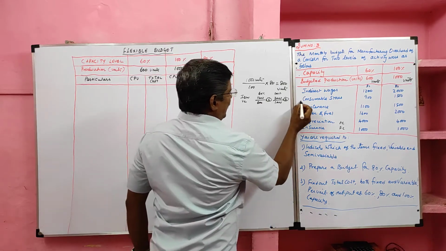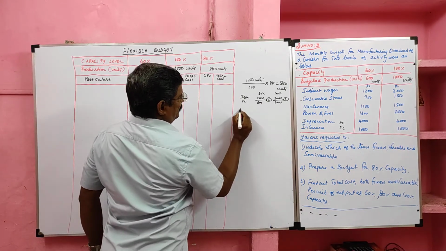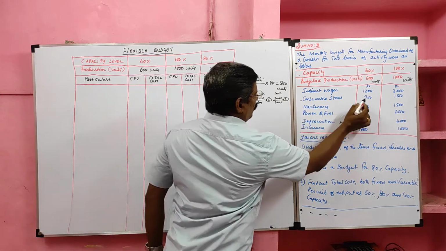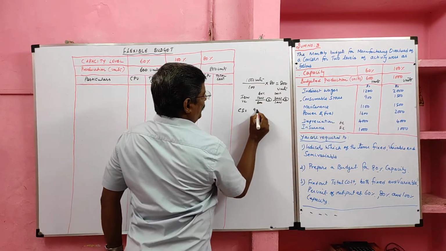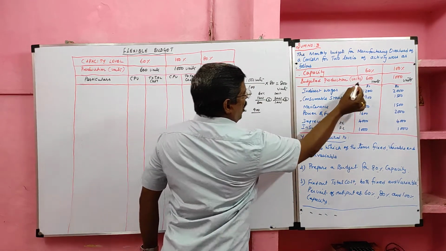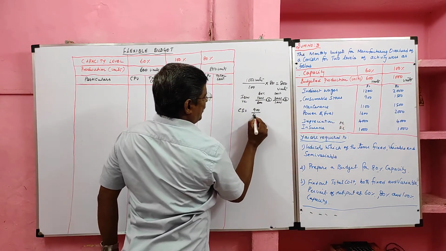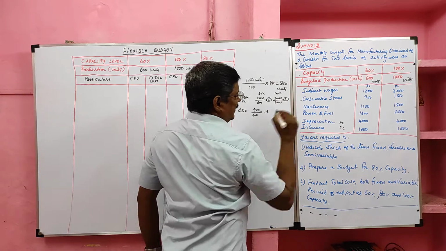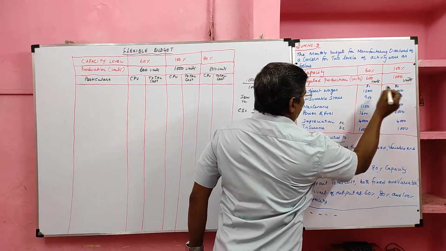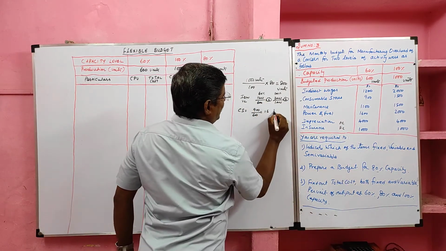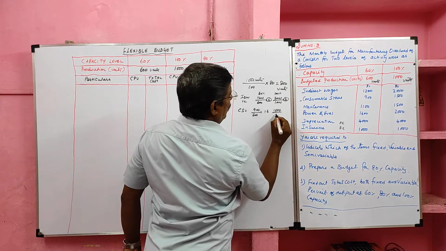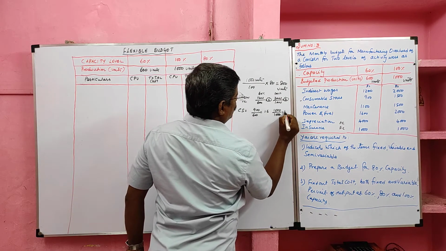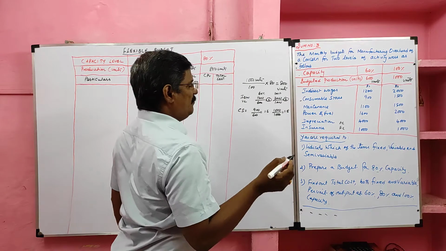Then take consumable stores. Total cost incurred how much? 900 rupees. At 60% capacity, how many units are they producing? 600. So cost per unit is 1 rupee 50 paise. Then take 100% level of activity, they incurred 1500 for 1000 units. Here also cost per unit is 1.5.